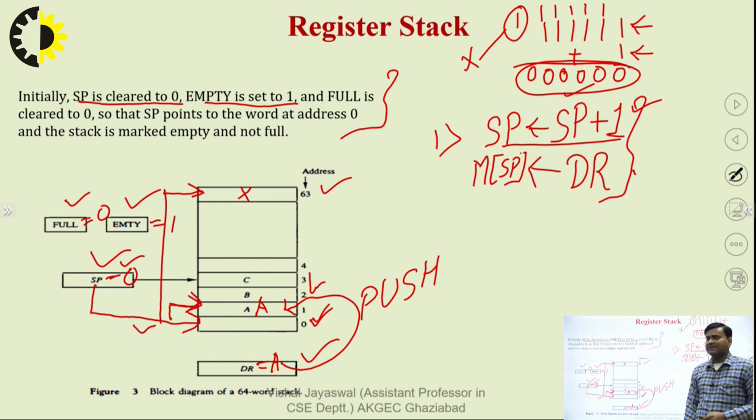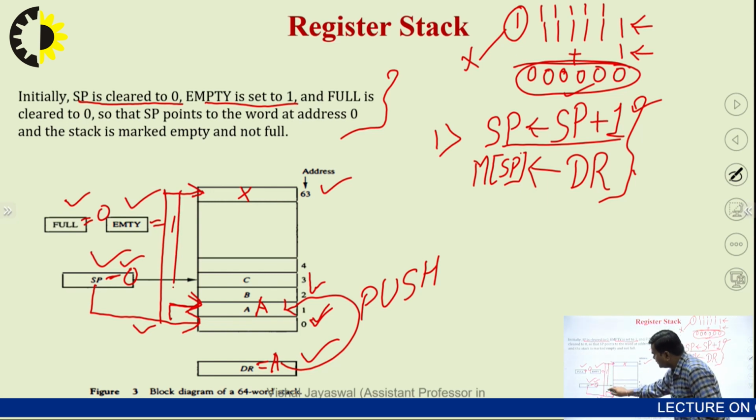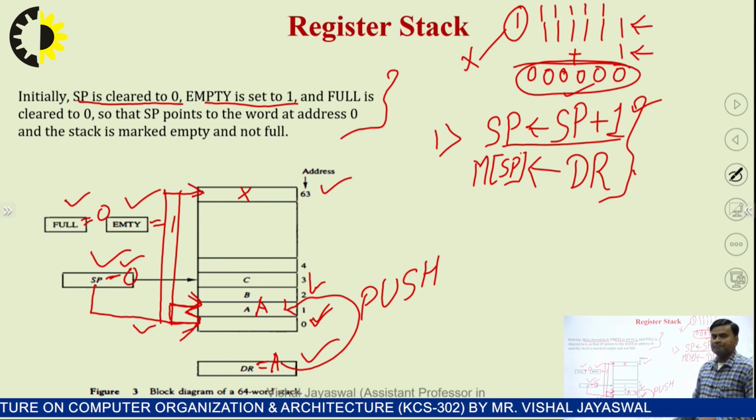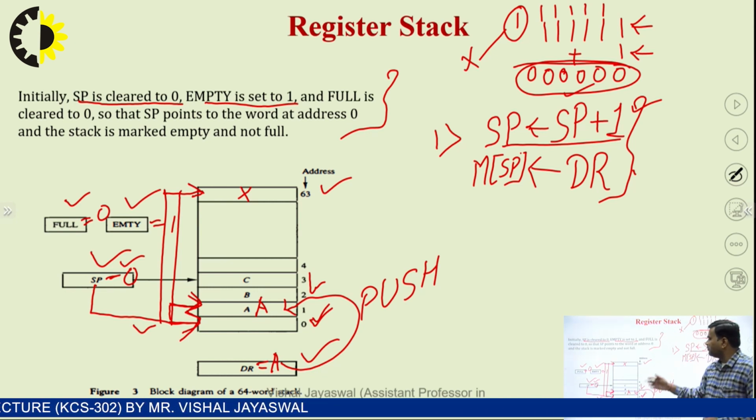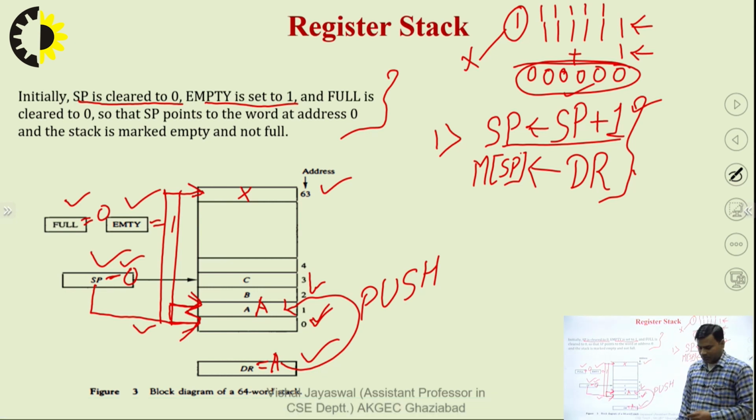So we can say that our stack pointer register moves from 63 to the 0 location. In this way, our stack pointer moves from 63 to 0. Then the next step is to transfer the content of DR into M of SP.